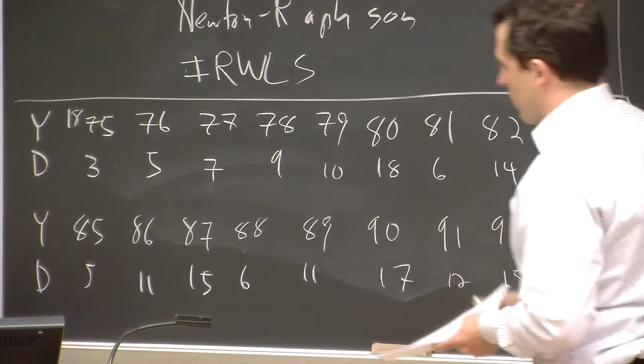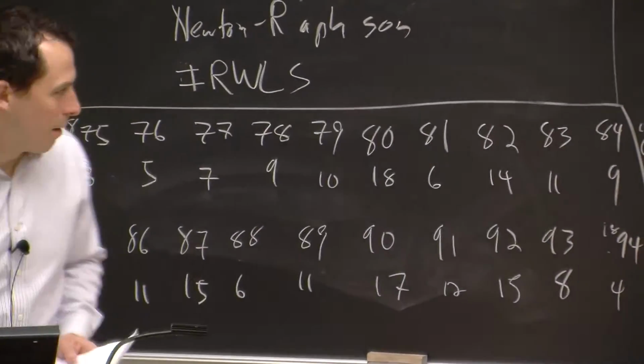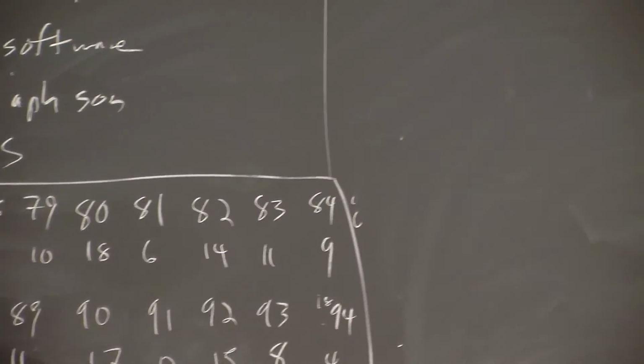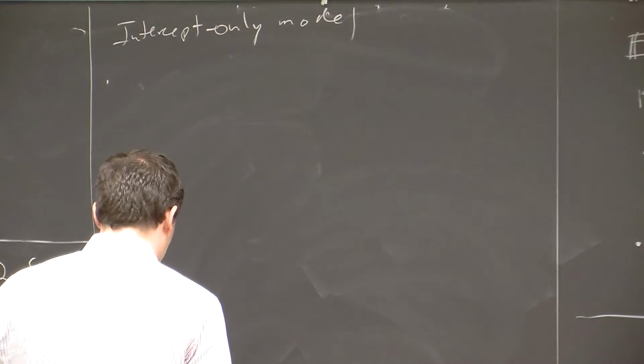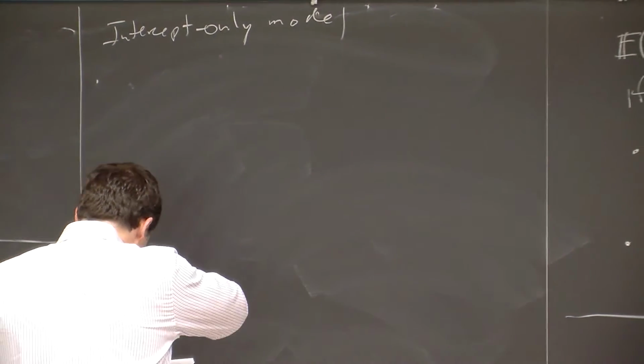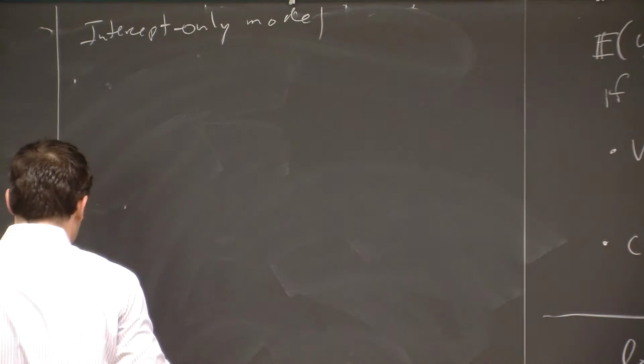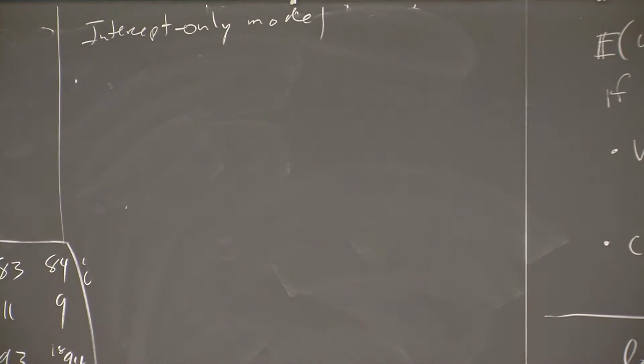It's not crazy to think about Poisson, because the number of times someone gets hit by a horse is some count that happens over the years. Okay, so intercept-only model. How many degrees of freedom will the intercept-only model have?